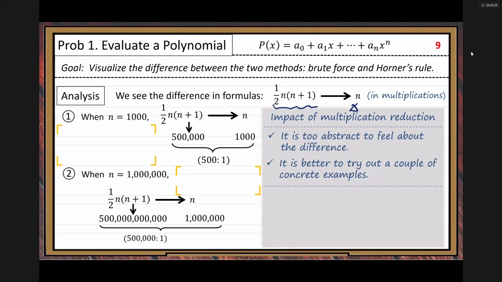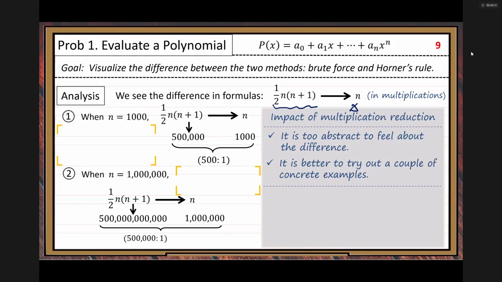Old method, new method, especially when we work on large data sizes, the difference is so big. Here you can already see such a big difference, but I'd like to use another, more impressive way to let you feel the difference.